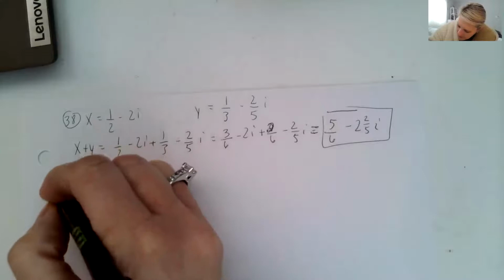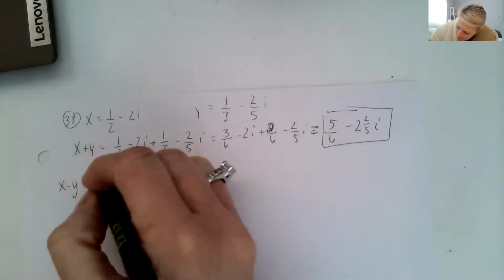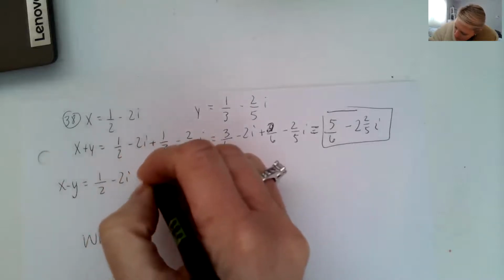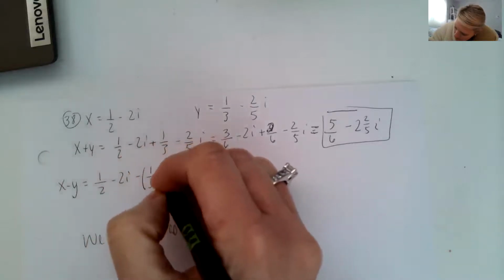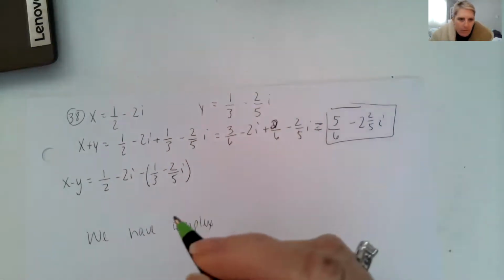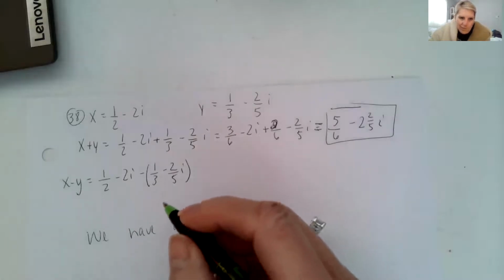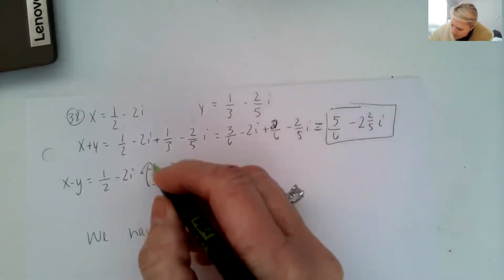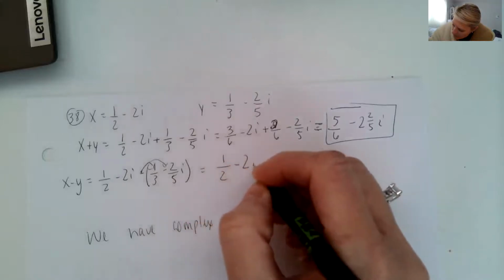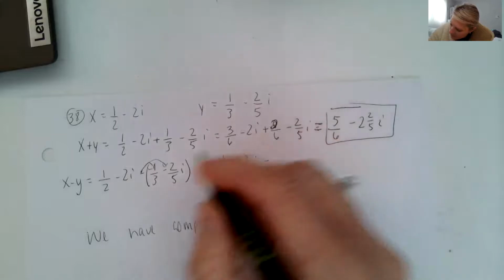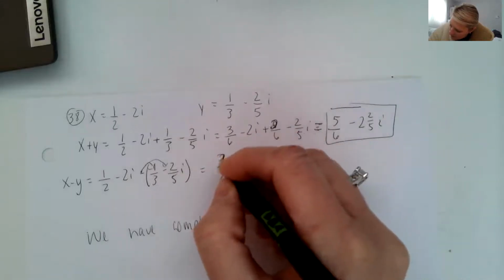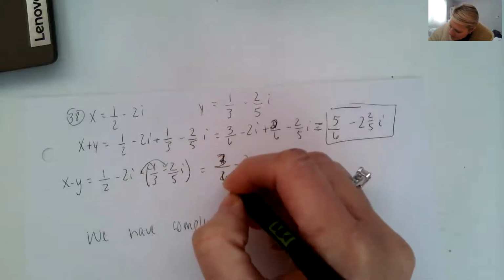Fractions are challenging. X minus y, so 1/2 minus 2i, subtracting 1/3 minus 2/5 i. Okay, so we have to distribute that through. So we have 1/2 minus 2i minus the 1/3. Actually, let's turn this into the common denominator of 3/6 again.